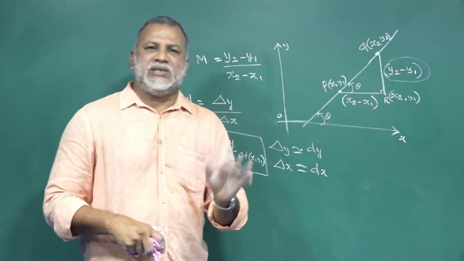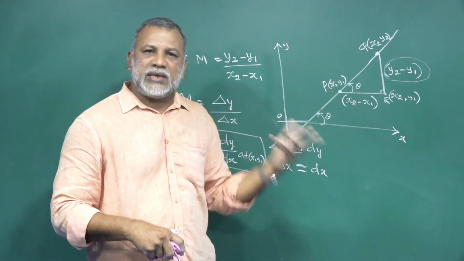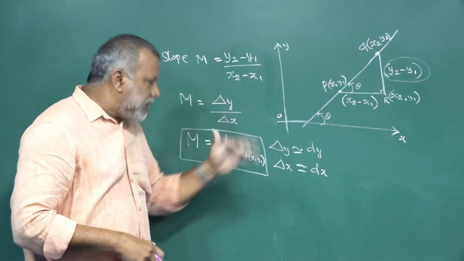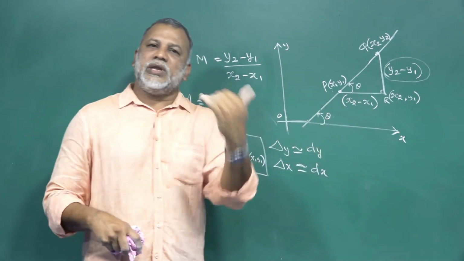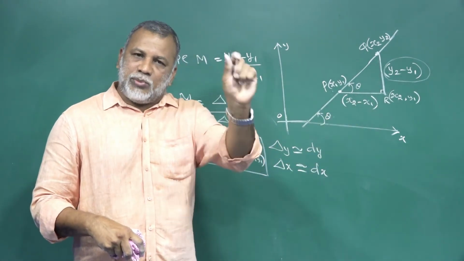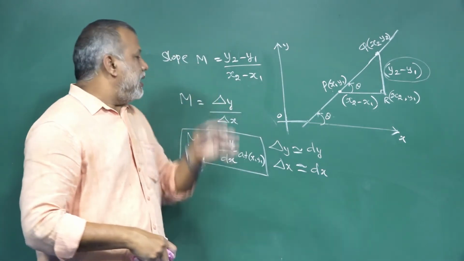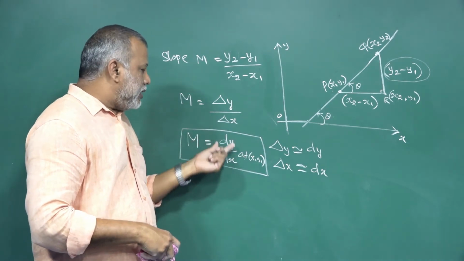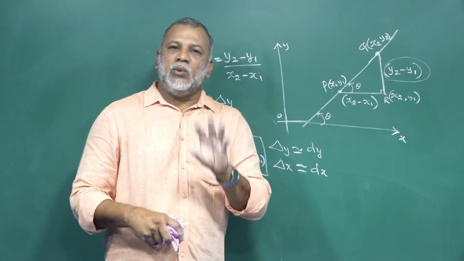A simple definition: change in y coordinate divided by change in x coordinate. So we can use the formula y2 minus y1 divided by x2 minus x1. It is also the ratio between opposite and adjacent, which in trigonometry is tan theta. Therefore we can use tan theta also. Then del y divided by del x is approximately equal to dy by dx. Therefore slope m equals dy by dx at x1 comma y1.